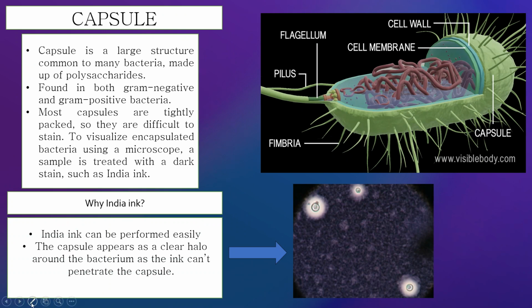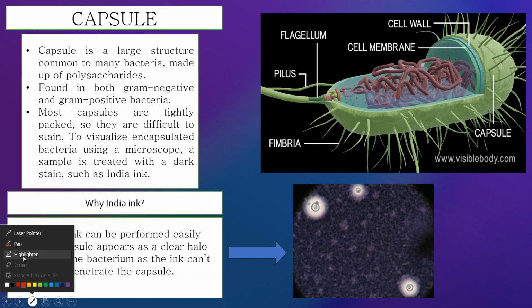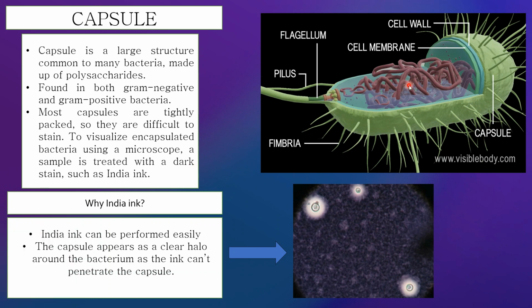So here, see, this is a typical prokaryotic cell. These are the components: cell wall, cell membrane, flagellum, pilus, that is pili also.